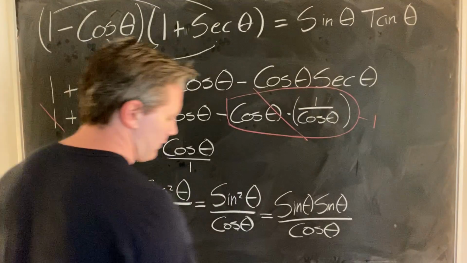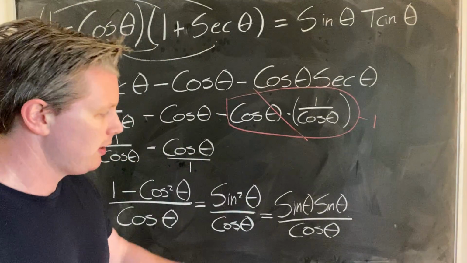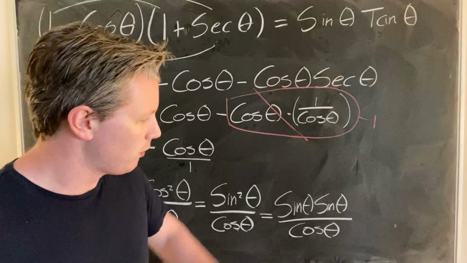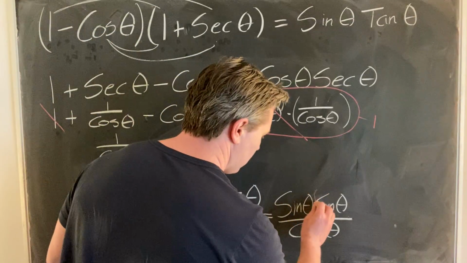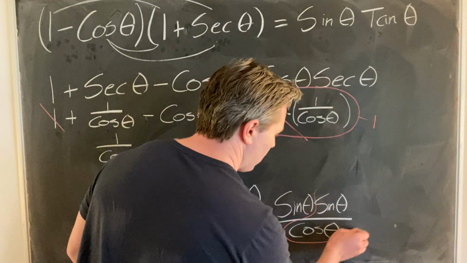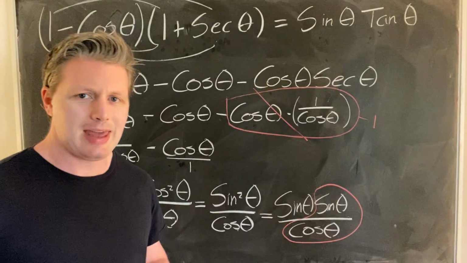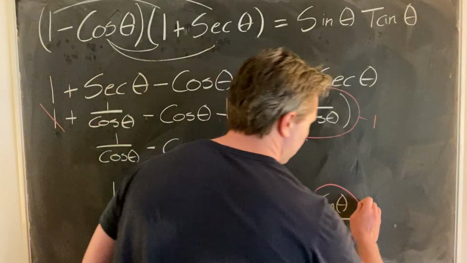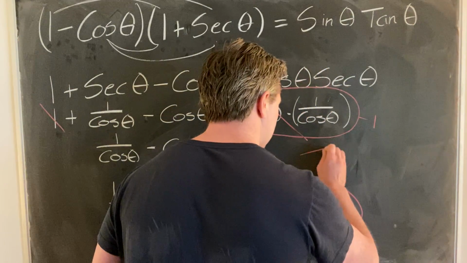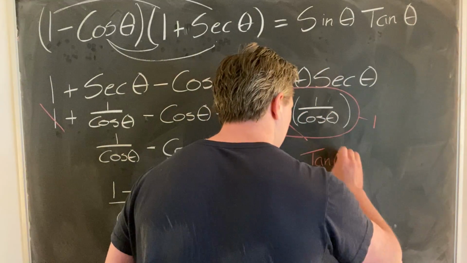And now I notice that here I have a sine theta over a cosine theta. And I remember, what is that? That is tan theta.